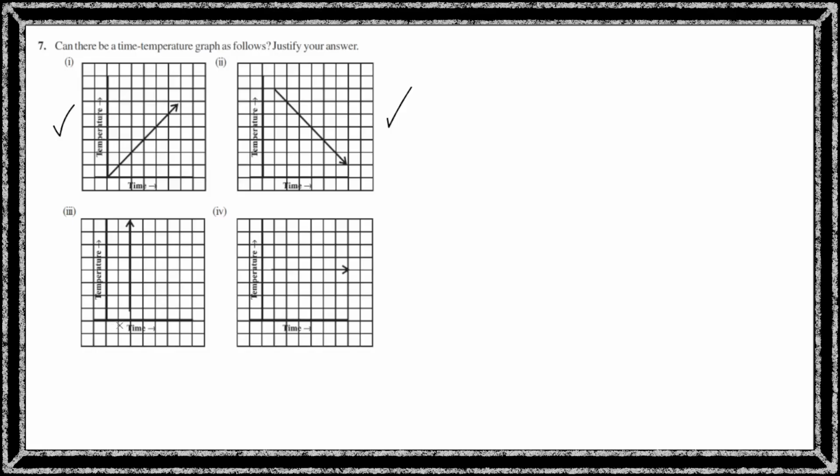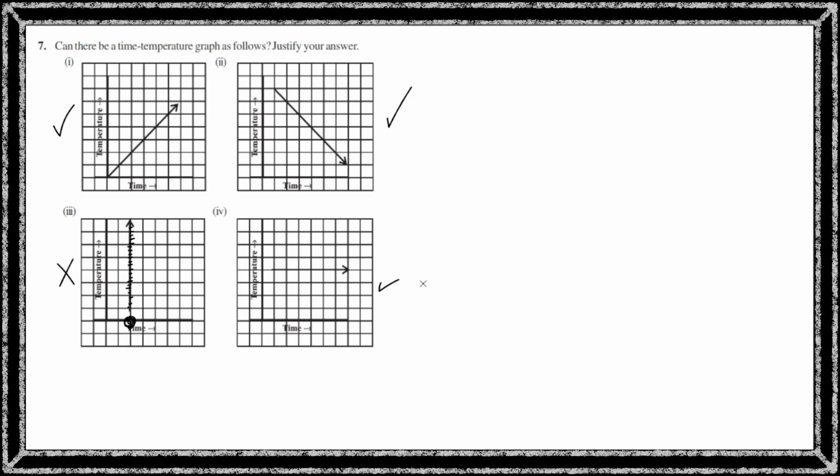If you look at the third one, you have at one particular time, okay, this particular time, the temperature of a certain entity is having infinite values. Now that is not possible, right? So 3 is definitely not possible. If you look at the fourth one, as time progresses, the temperature remains constant. Now that is possible, right?